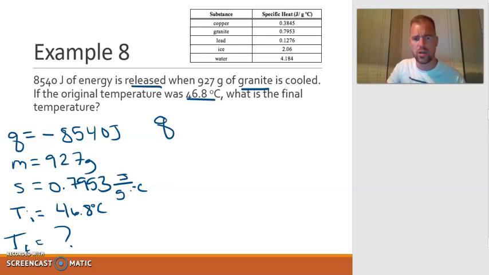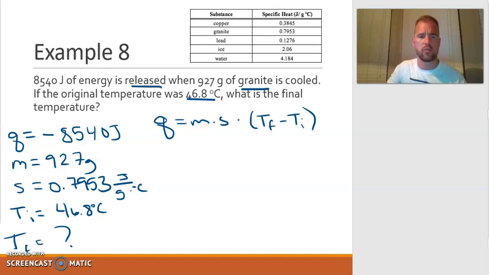So we have our equation Q equals M times S times delta T, which delta T is the same thing as writing T final minus T initial. Before we plug in any numbers, I'm going to rewrite this equation so I have it set up to solve for T final, right?